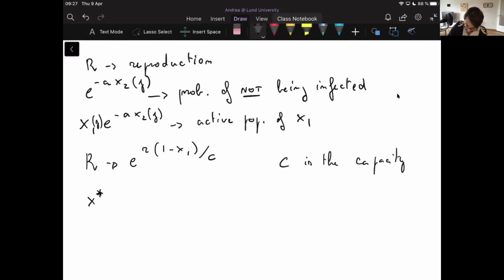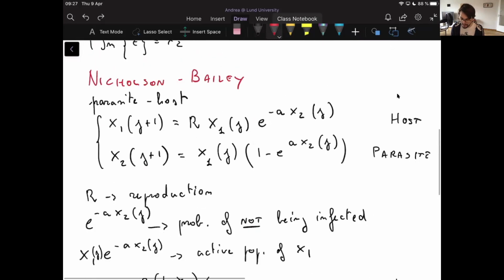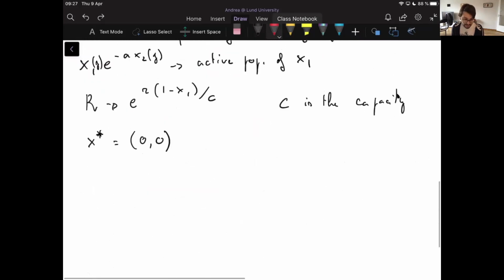So X star is equal to 0, 0. So one of the fixed points is 0, 0. If you have 0 in X1, then you will have 0 in X2, and then you are in a fixed point. You will iterate 0, 0 forever. And that's the definition of a fixed point.